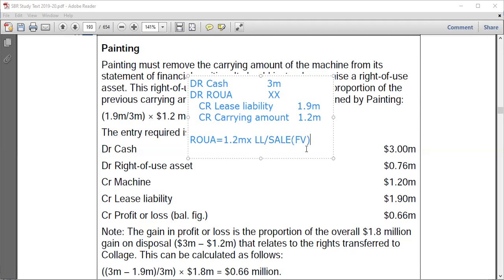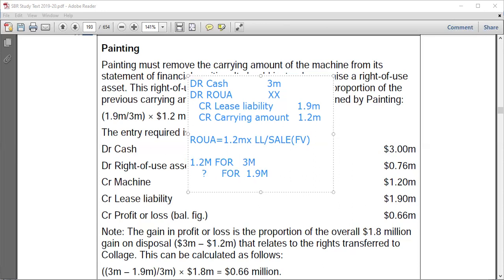Or maybe if you do not want to do that, you could have said something like this. I sold an asset of 1.2 million for how much? For 3 million. And in turn, I got back that asset by incurring a liability of 1.9 million. So you can ask yourself here, what should be the corresponding figure?